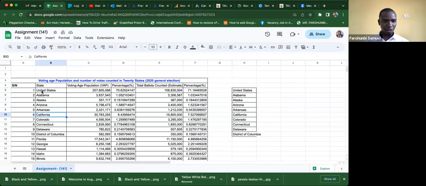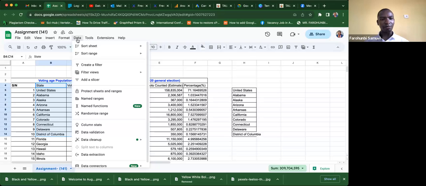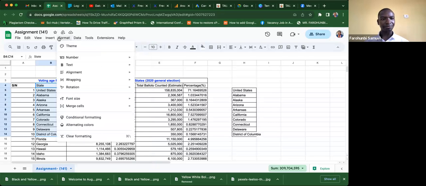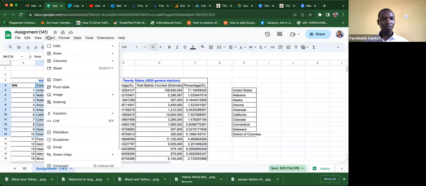Okay, so I'll just pull it out from here so that I'll be able to get what I want to do. So for these first 10 states, I want to analyze the data. For those of us that use Excel, if you go to your Excel document, you'll be able to see pie charts. But here I'm using Google Sheets.